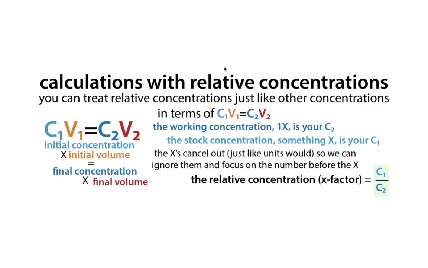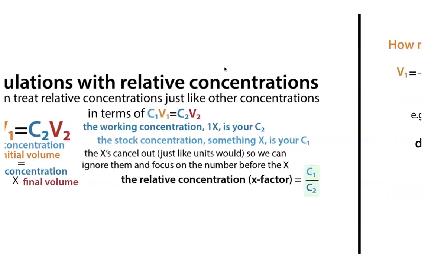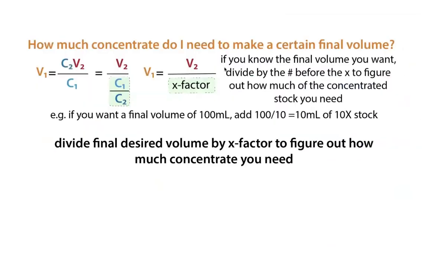So if we rearrange things, what we can see is that our relative concentration, or our X factor, basically that's just the C1 over the C2. Because that's saying our initial concentration is 10 times or whatever more concentrated than the final concentration. So that would be our X factor. This is also like the dilution factor when you dilute it, and relative concentration, all these things, it's all talking about that same value, that number before the X.